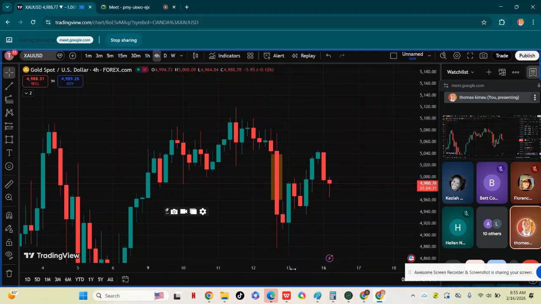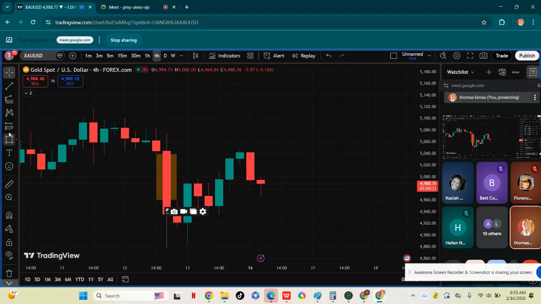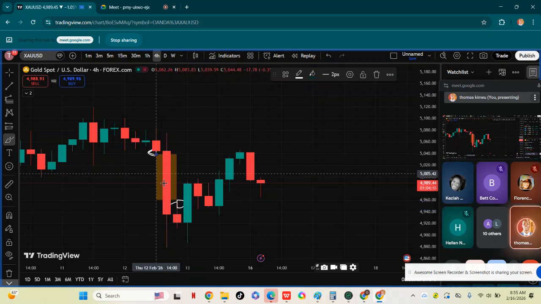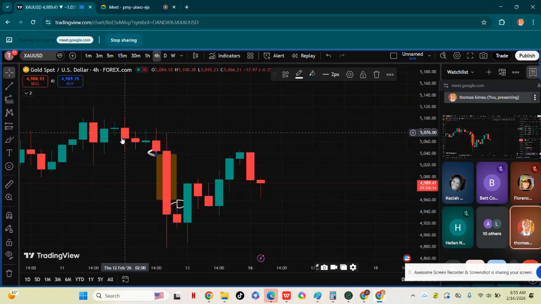So how would we identify? Let me make it bigger for you guys. Let me identify this. You can see this candle and this candle, they are not connected to each other. So what happens?